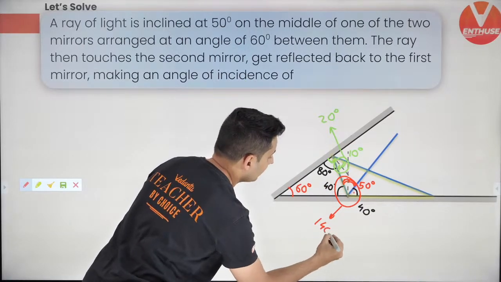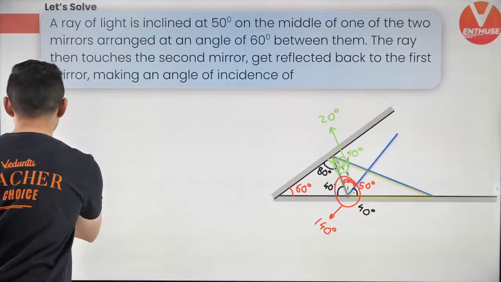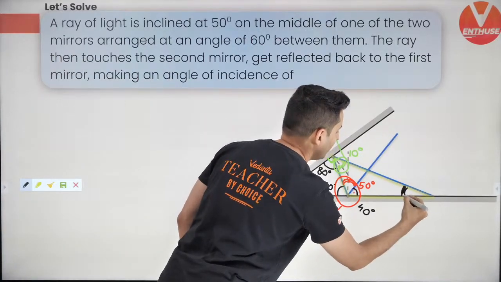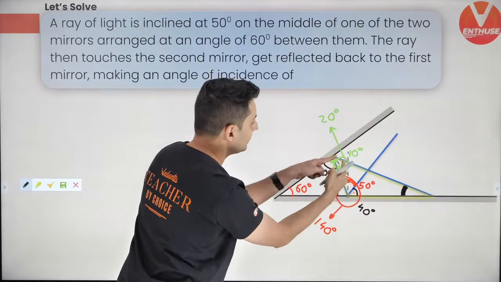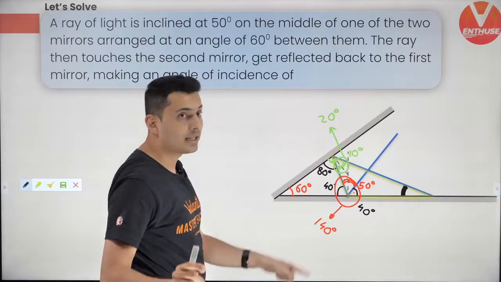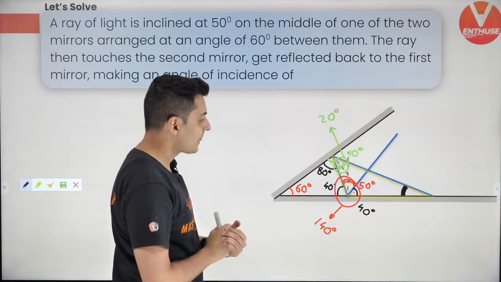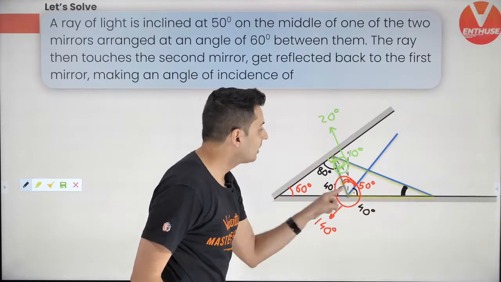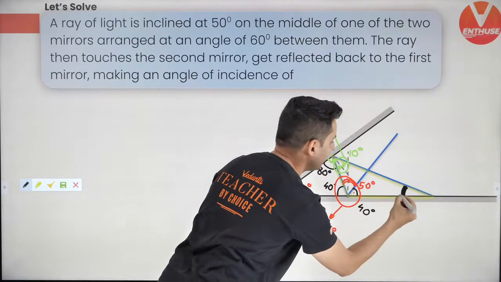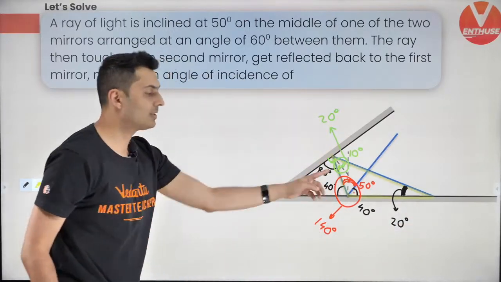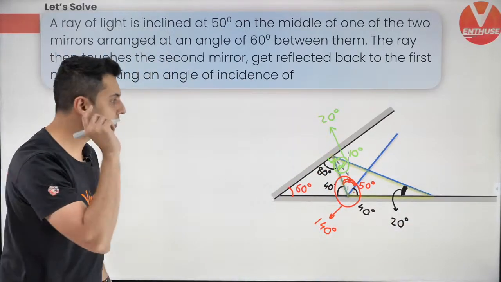So this is 140 degrees. So how much should this angle over here be? This is 20, this is 140, 140 plus 20 is 160. And this must be 20 to make it totally 180 degrees. So this angle is just 20 degrees. I hope this is clear.